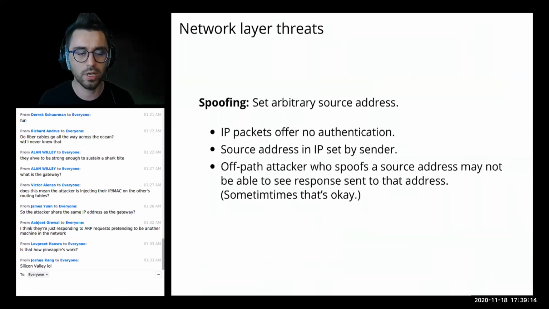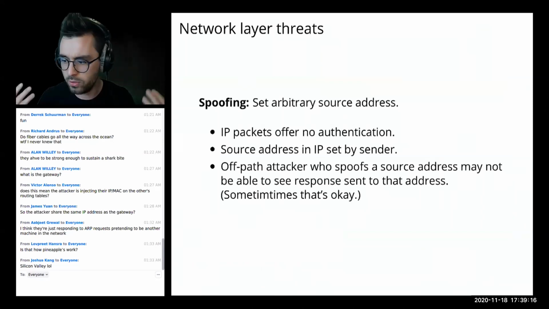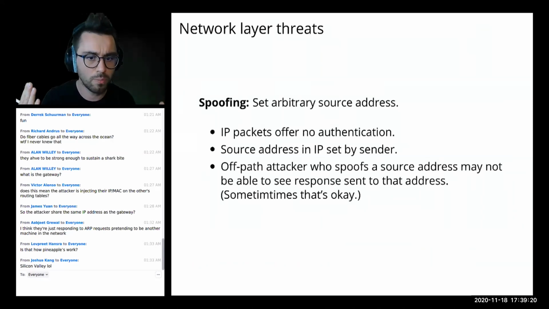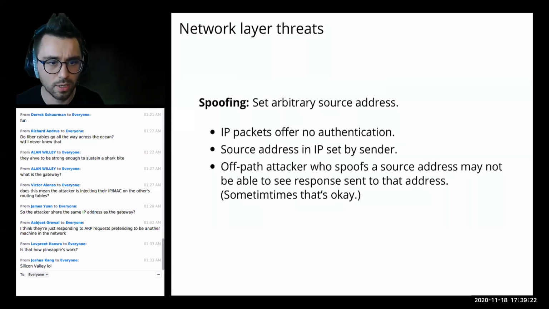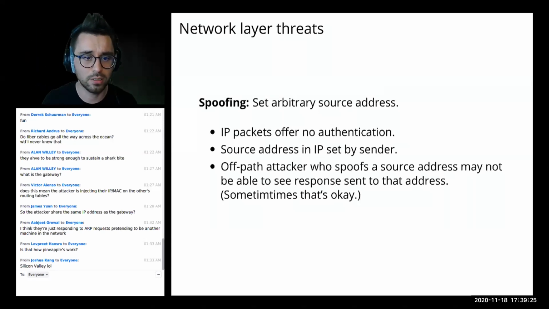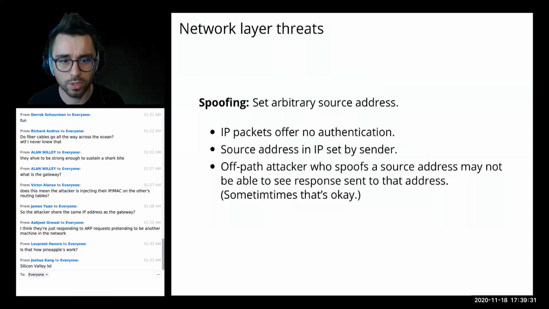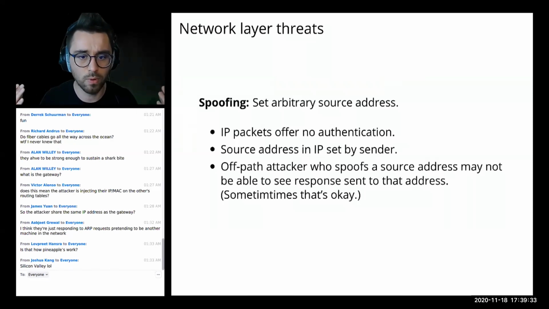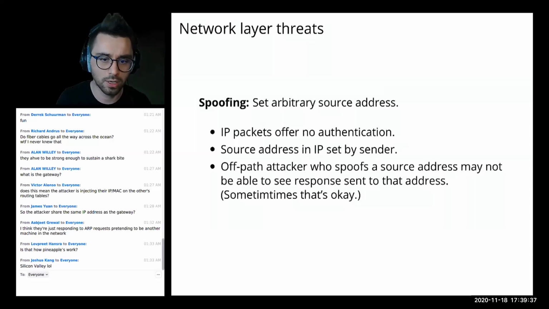So with spoofing, the same way we spoofed Ethernet frames for ARP, we can do it for IP, right? Like Ethernet frames, IP packets don't have any form of authentication, which means that you can send an IP packet with a source address, whatever you want it to be. So this can potentially be anything on the internet.